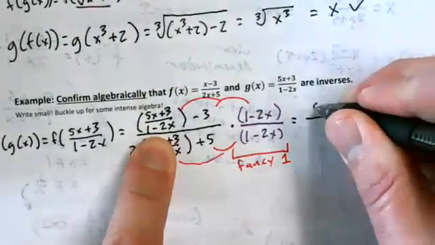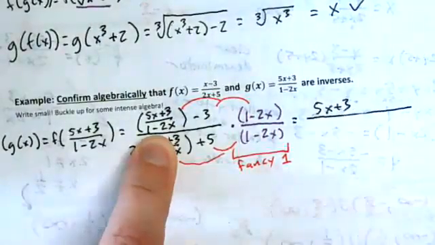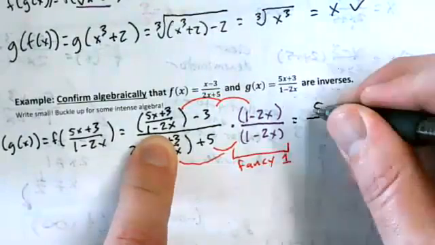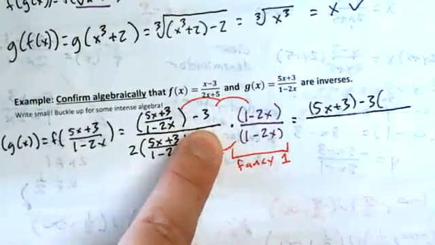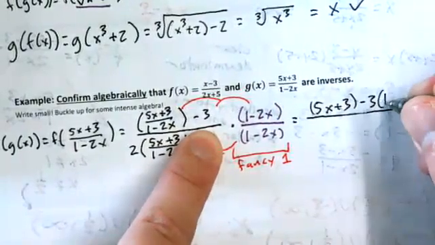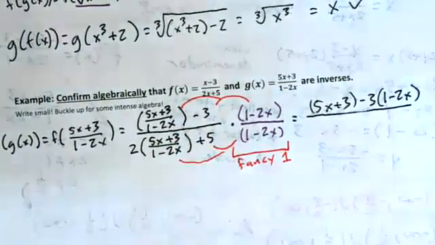We'll just have the 5x plus 3 left over there. And then when I multiply it by the -3, I'm actually going to write it out here. 1 minus 2x. Now this step I might skip if I were doing this in an assignment.